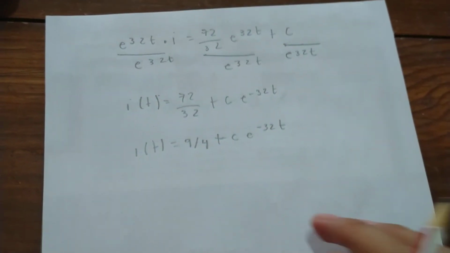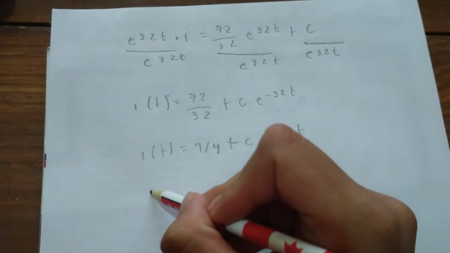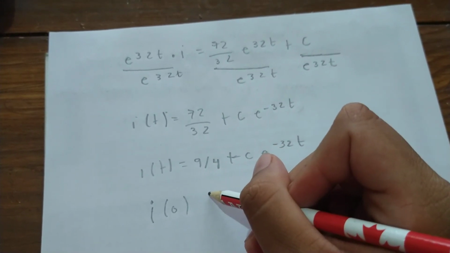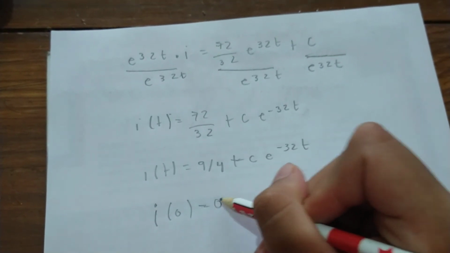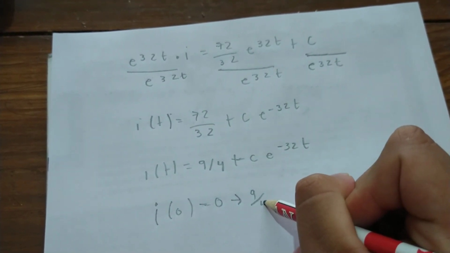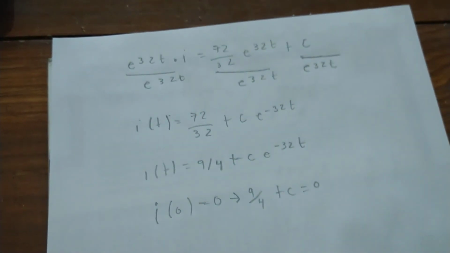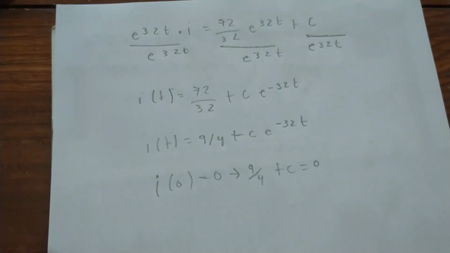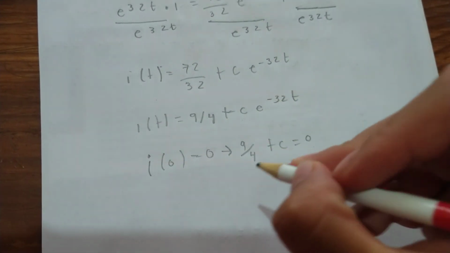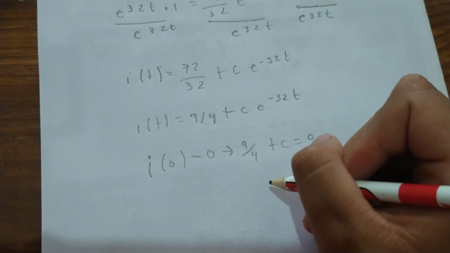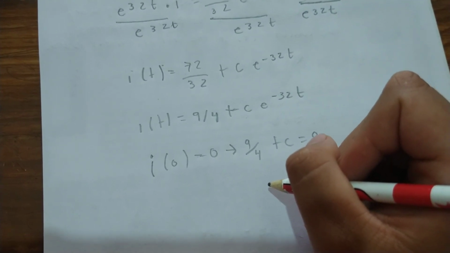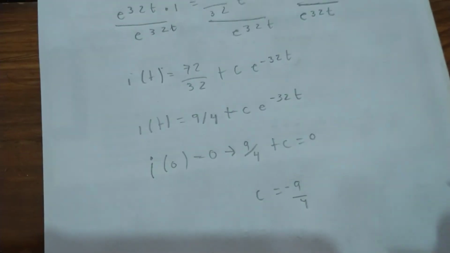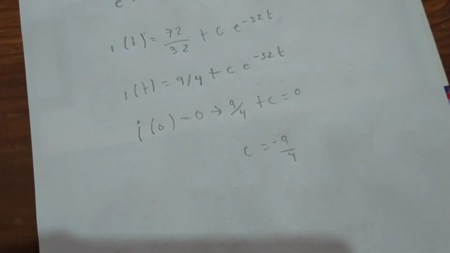So we'd have 9/4 plus c times e to the 0, which is just 1. This must be equal to 0, so we have c equals negative 9/4.